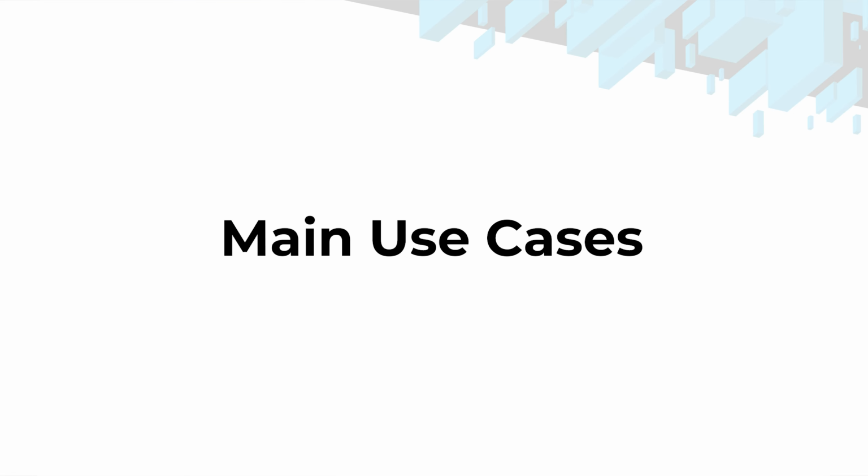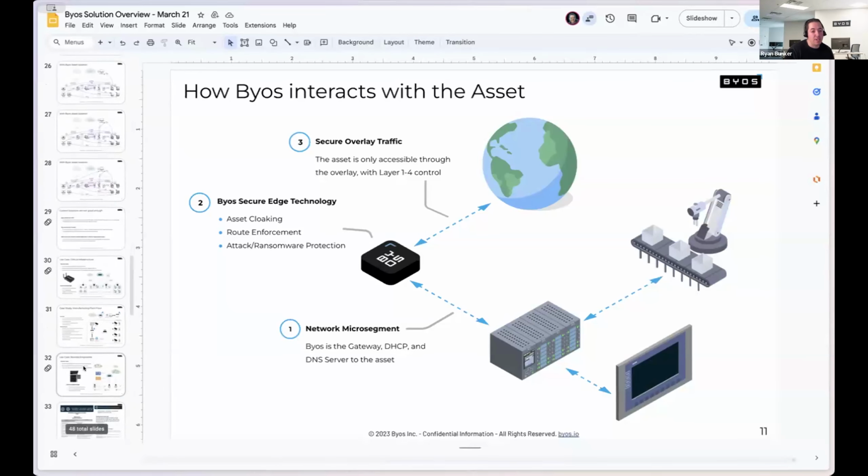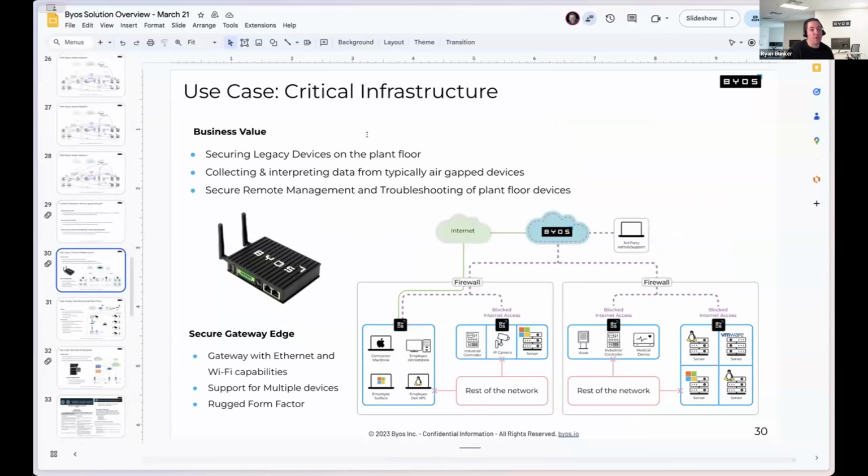I want to just share briefly the two main use cases for the product. So on a critical infrastructure side, you have this secure gateway edge, right?